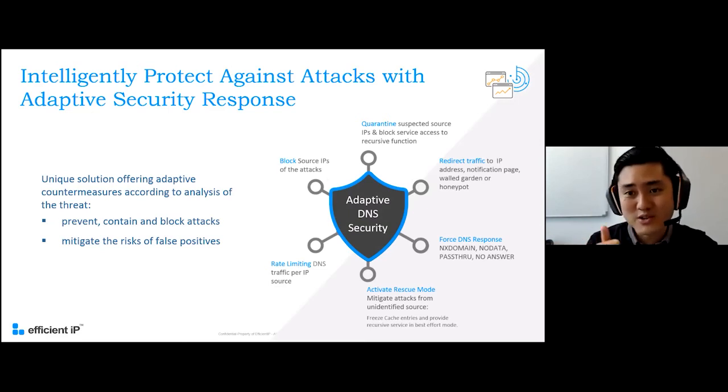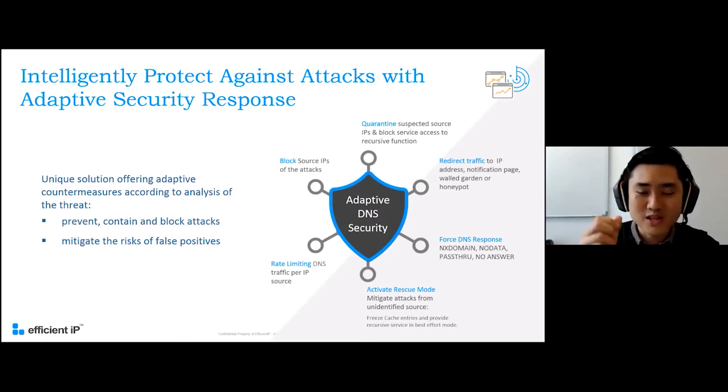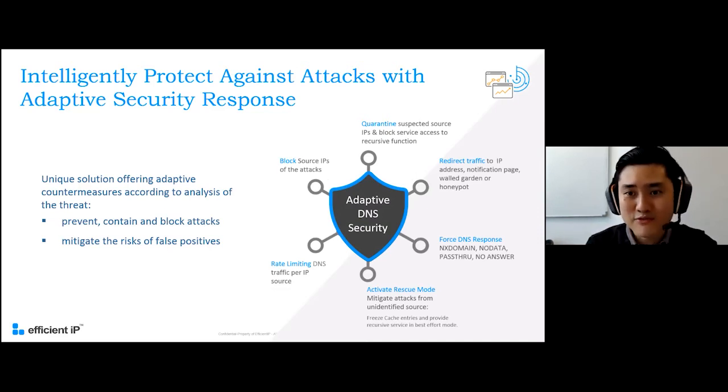Quarantine is unique to EfficientIP, and is a method that we use to isolate infected clients while allowing them to continue to receive DNS services. We also have our patented rescue mode, which provides continuity of DNS services even under an unidentified attack source.